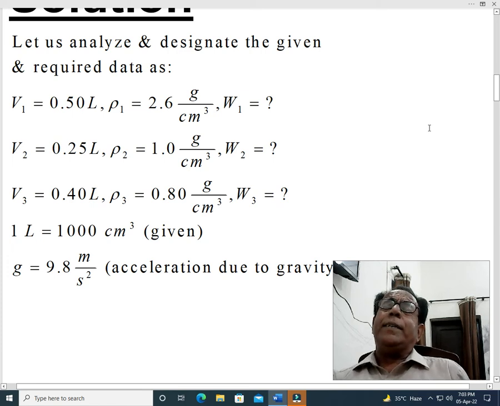Dear students, there should be no difficulty, quite simple, because we know that density is equal to mass over volume, and from that expression mass is equal to rho into volume. W1 is equal to mg.